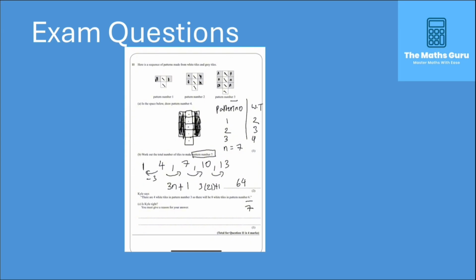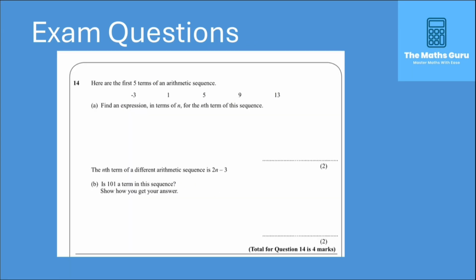Hence, Kyle is wrong. Looking at the last exam question today, it gives us 5 terms of an arithmetic sequence. Find an expression in terms of n for the nth term of this sequence. Each time we're increasing by plus 4, plus 4, plus 4, plus 4.